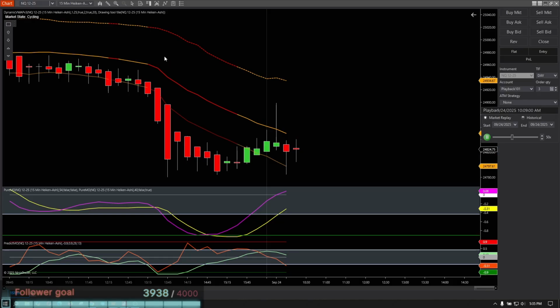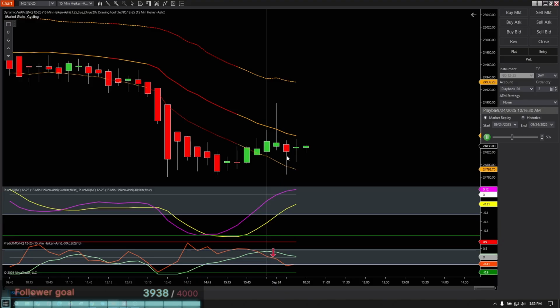Now, if you notice here, PredictMO is already telling you that price is about to fall right there. I think it was at the second bar right here. It's telling you that price is coming down. You've got the price line, which is this green line right here, really close to the zero line.